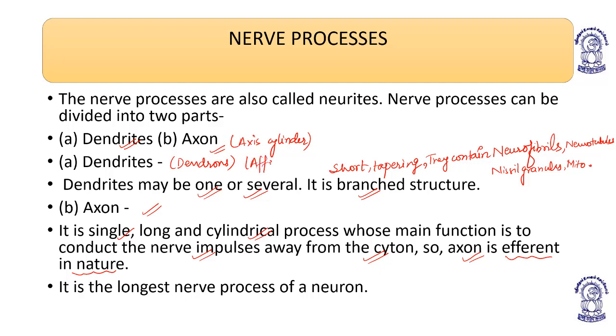Afferent in nature. Understood? The axon arises from a conical projection which is known as what? Axon hillock.